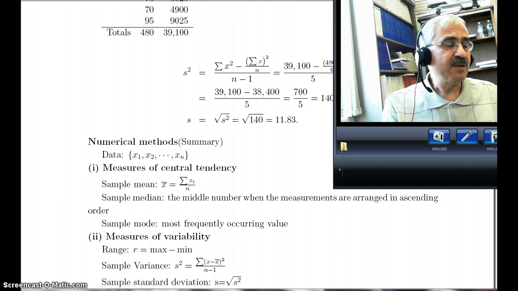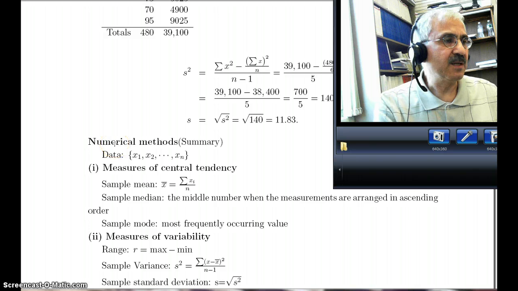Then we find a measure of central tendency, which can be a mean, a median, or a mode, and then a measure of variability, which can be the range, the variance, the standard deviation, or the mean absolute deviation. But we're going to focus on a few of these. So here is our summary for that.